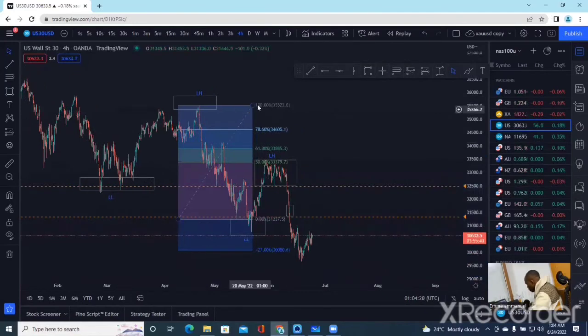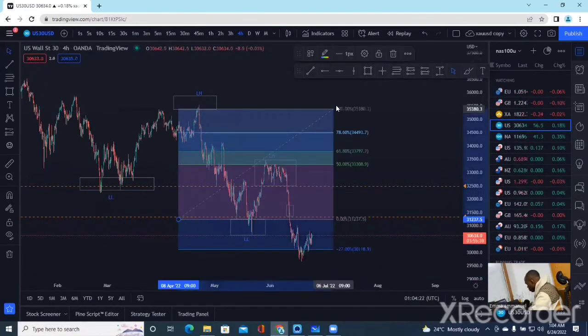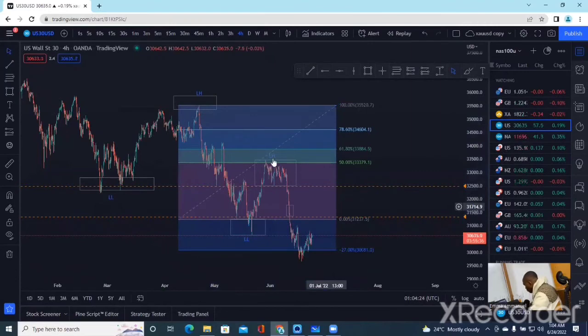I can see that the market has currently moved to the 50%. So when the market is having a pullback, most times it usually moves to the 50 to 80% before creating a new high or before creating a new low. And sometimes the market does get to a particular range that it used to break that particular high or that particular low.